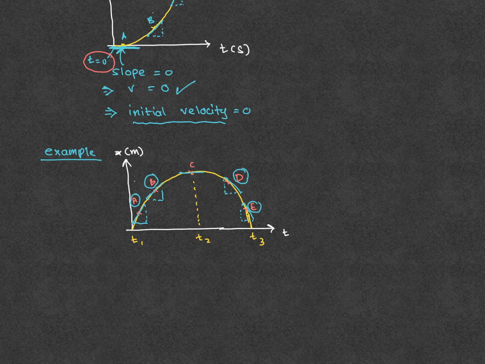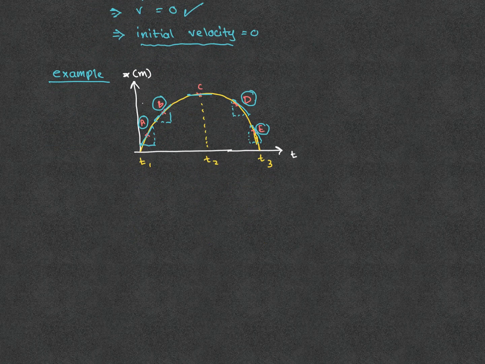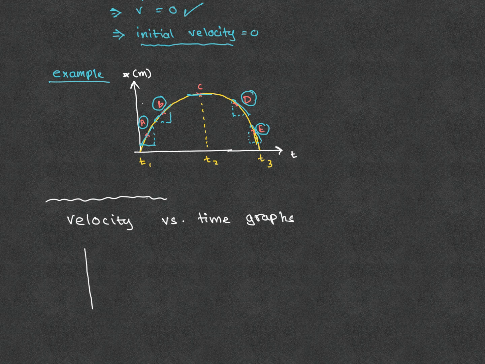And then the second thing that we discussed was the velocity versus time graph. Okay, let me show you one example. In this class, mainly we are looking at constant velocities. So, velocity versus time graph. And now our y-axis is velocity, x-axis stays as time.